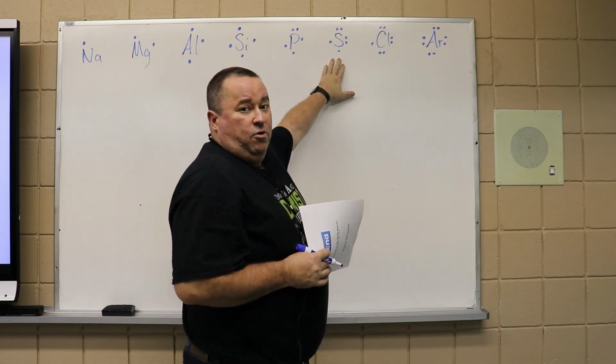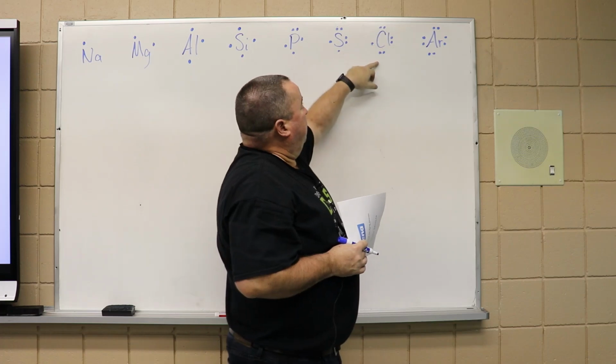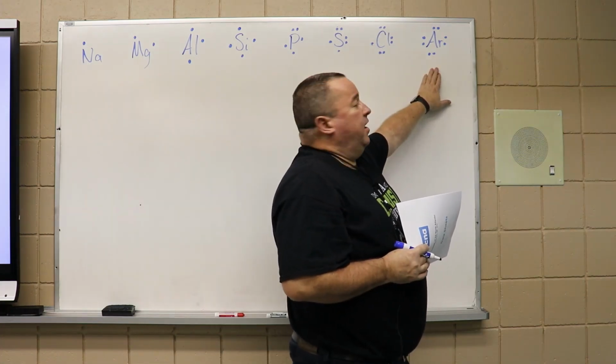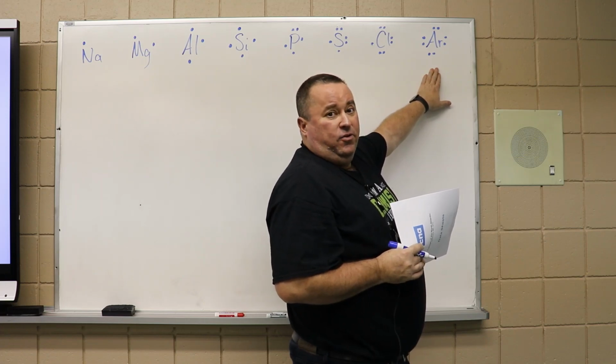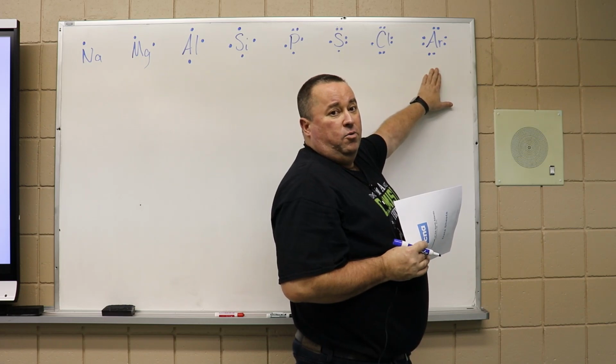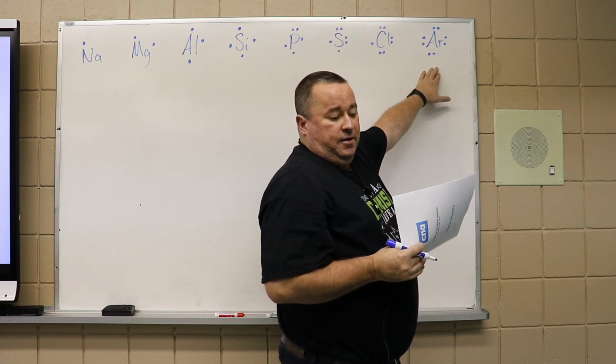Sulfur has 2 lone pairs and 2 bonding electrons. The chlorine has 3 lone pairs and 1 bonding electron. When we get to argon, argon has a full octet, a full set of 8, a filled valence. It has 4 lone pairs and no bonding electrons. That's why it doesn't bond.